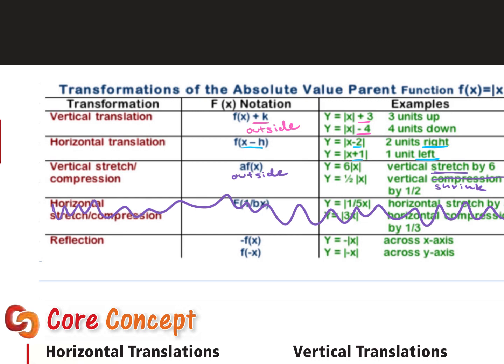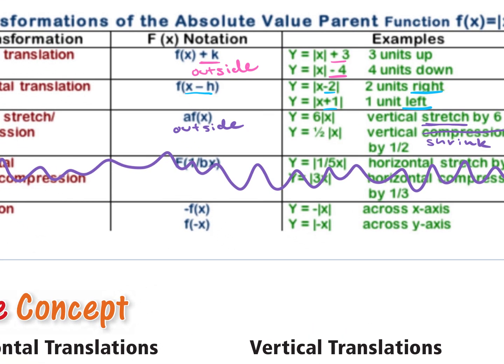And then also, if we are multiplying by a negative on the outside, we have a reflection on the x-axis. So outside is the x-axis, inside is the y-axis. So we talked about all of these transformations in 2.1, but we're going to be applying them again here.